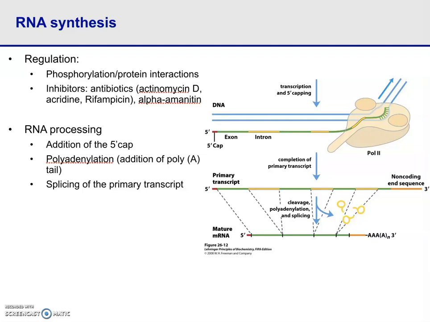we have transcription, obviously, but as you know, and you've heard me say before, if there is a process, there must be a regulation. So how is transcription regulated? Primarily, this regulation occurs through phosphorylation and protein interactions.